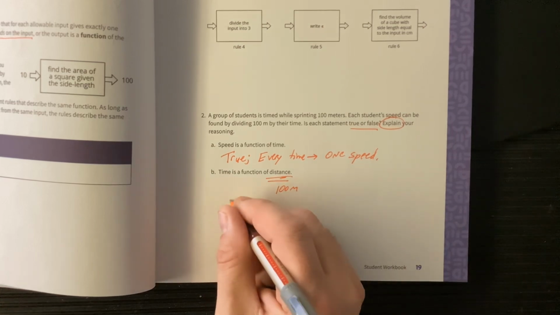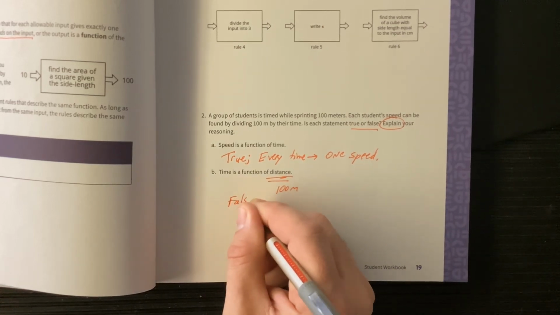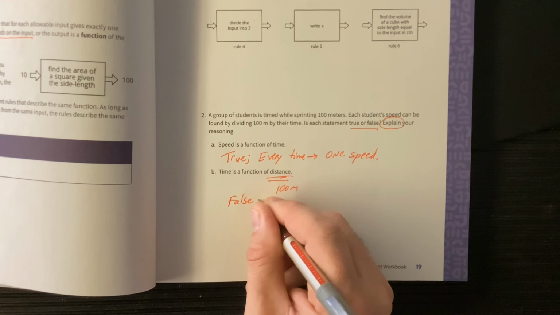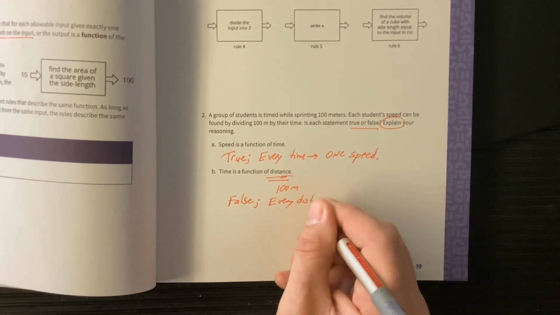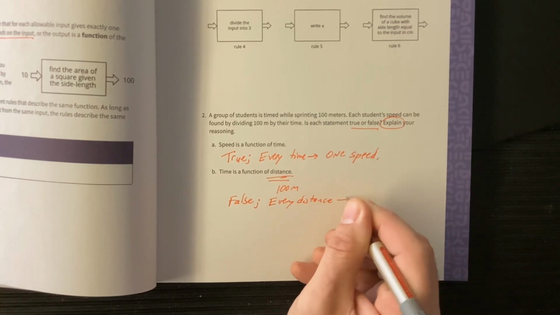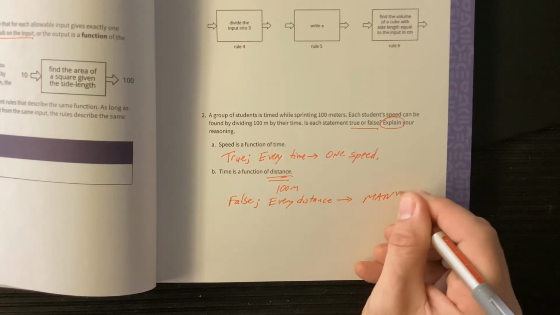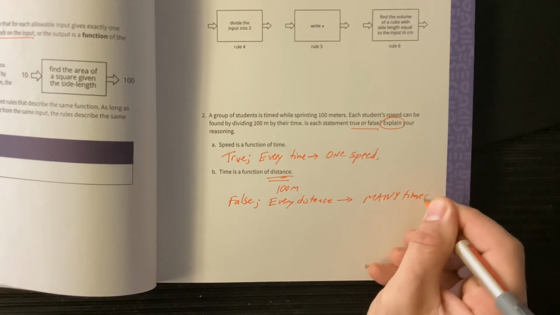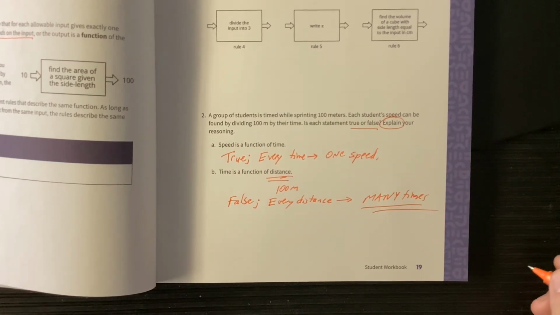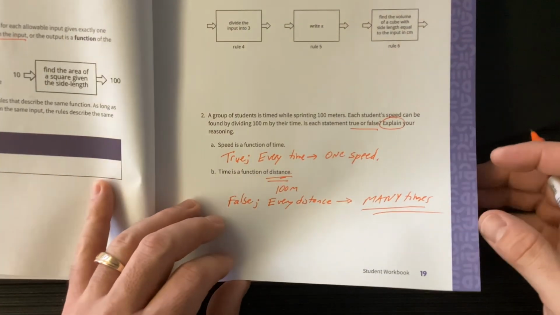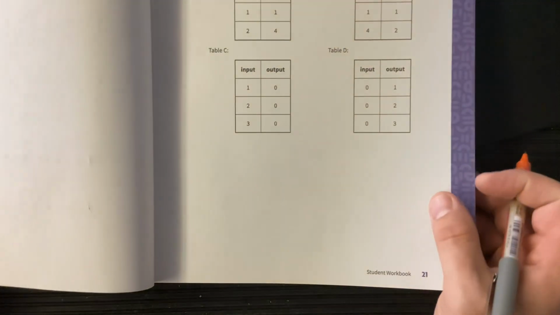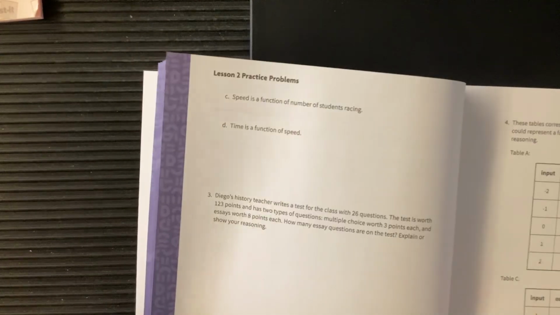Absolutely not. So that one is false. Every distance produces many times. I can only have 1 output in order to be a function. There can be a lot of different times for people running 100 meters. Same thing for C and D, true or false there.